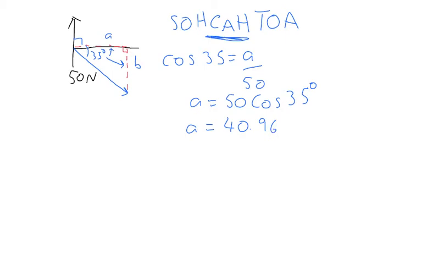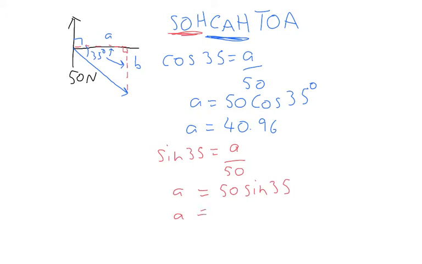Now B, that's opposite over hypotenuse. If we look at SOHCAHTOA, that's sine. So we have sine 35 equals B over 50. B equals 50 sine 35.